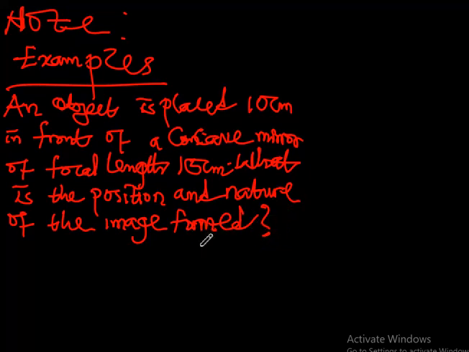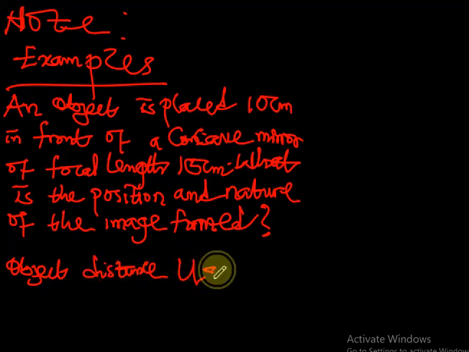So one thing that we need to note here is an object is placed 10 centimeters. That is telling you that the object distance, which is u, is given to you as 10 centimeters.